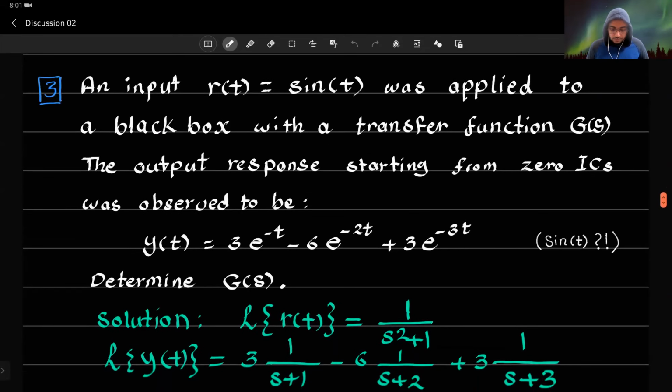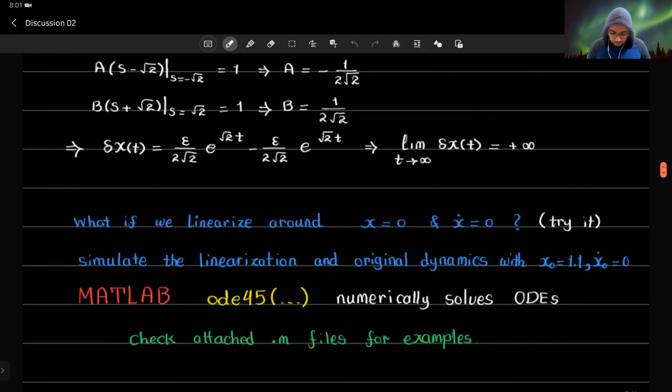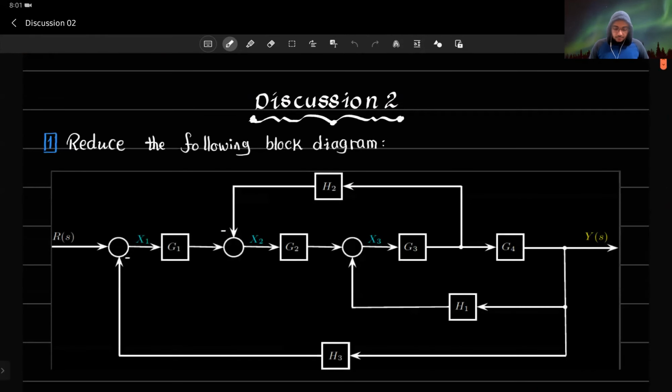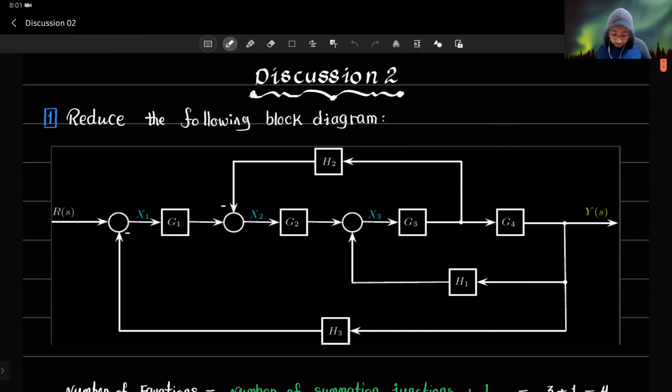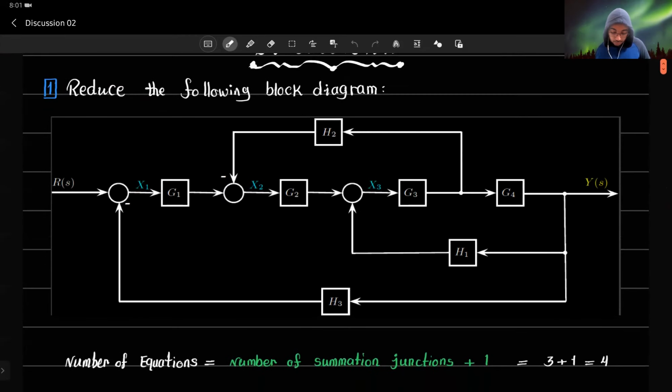Finally, we will solve a similar problem to one of the homework problems that you had before. So let's start with the block diagram reduction problem.